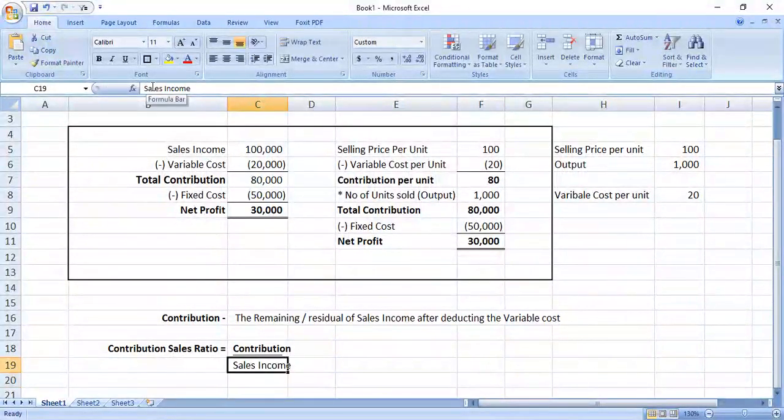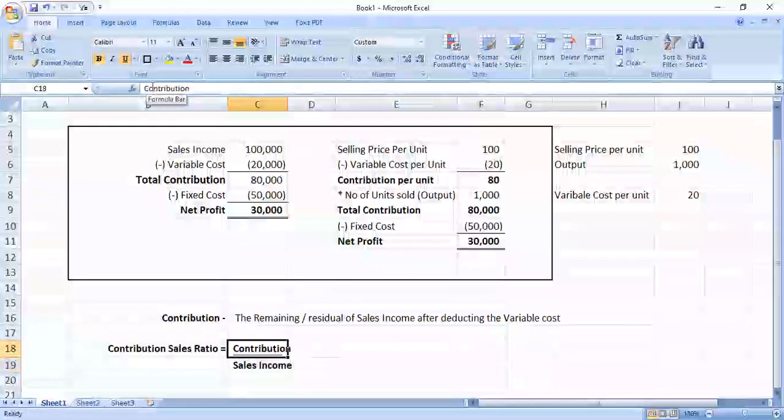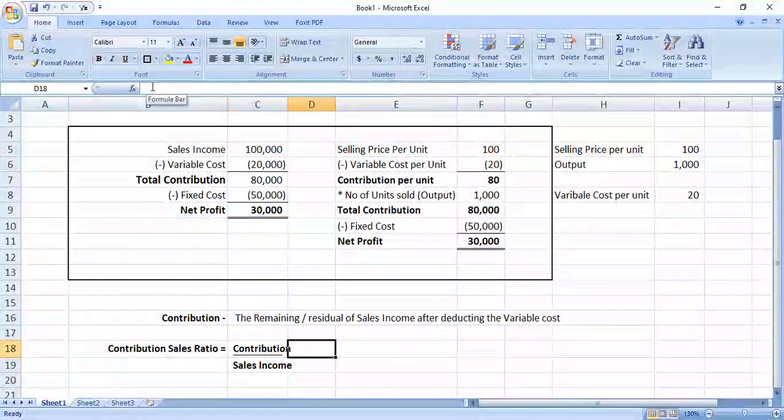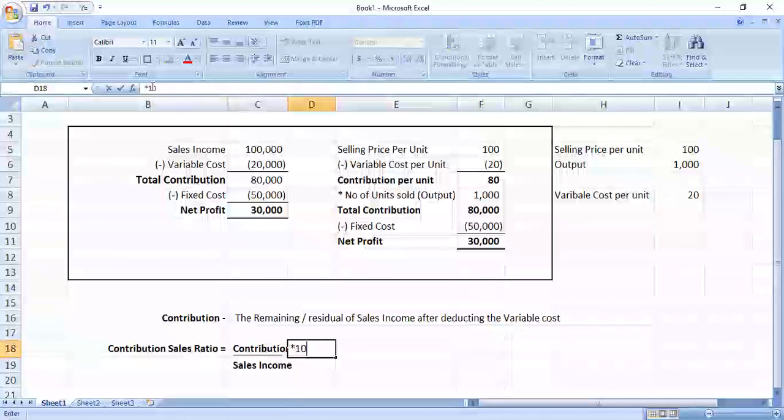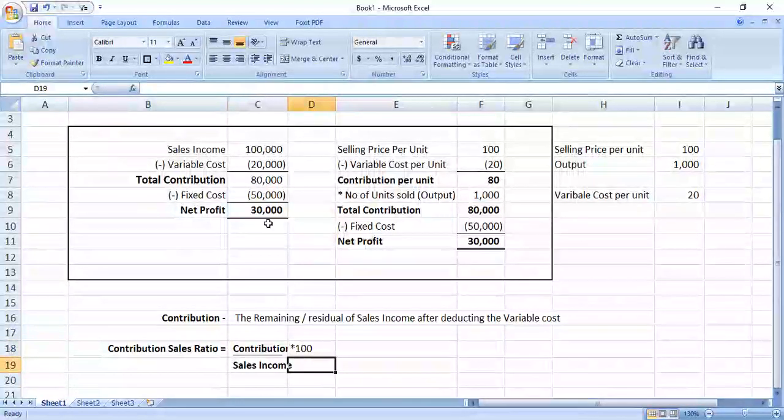Total contribution divided by total sales, and multiply by 100. It's a ratio, so you have to multiply that by 100.